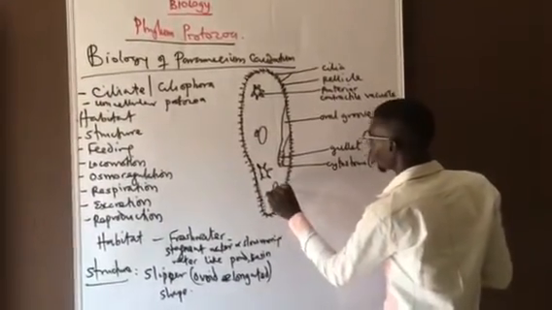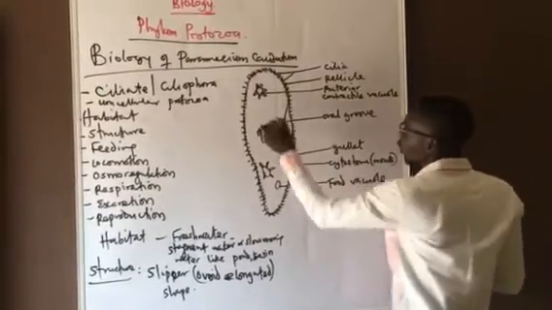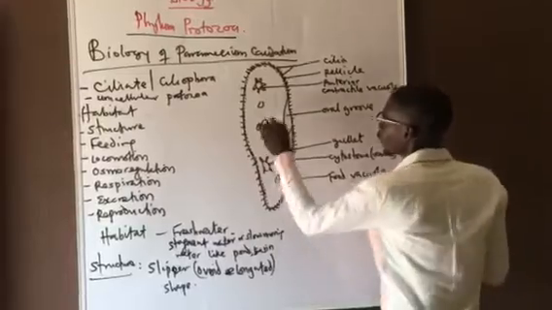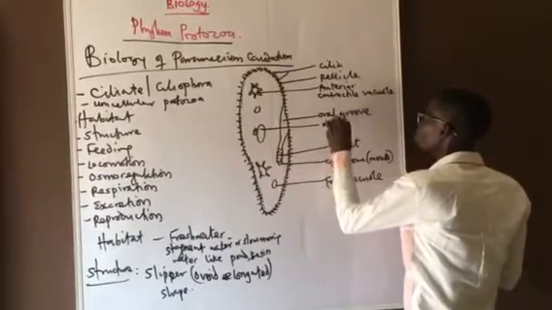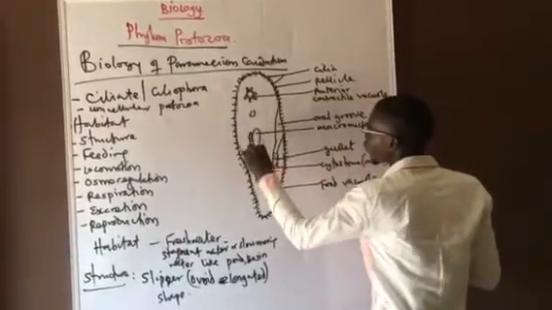We have the food vacuole. We have a lot of food vacuoles. We can also have another food vacuole here. We have the nucleus, the macronucleus, and the micronucleus.